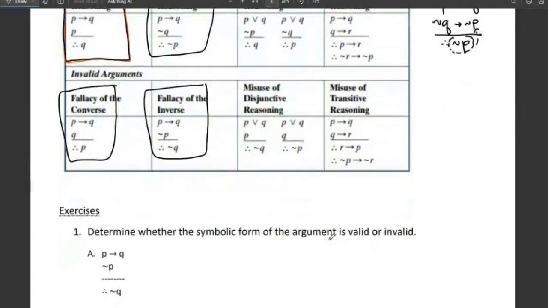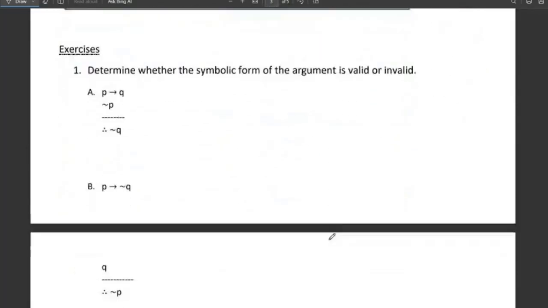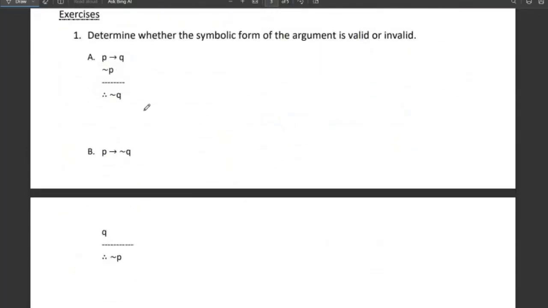But like I said, we're going to get into those. So let's look at our first exercise. It says to determine whether the symbolic form of the argument is valid or invalid. So this is already in symbolic form, so we don't have to worry about manipulating our argument or putting it into symbolic form. So let's just follow those other steps.